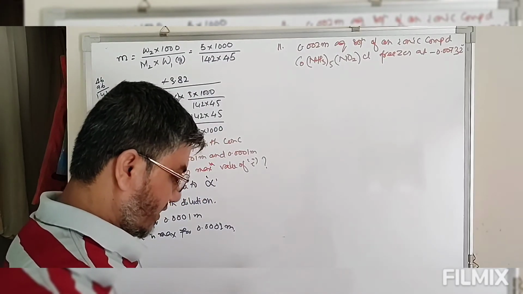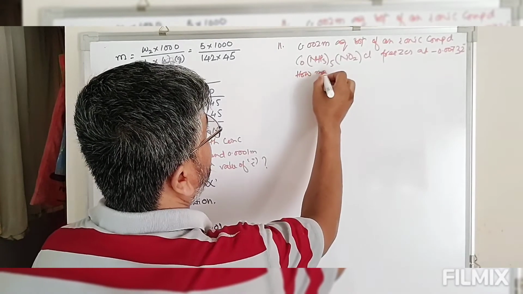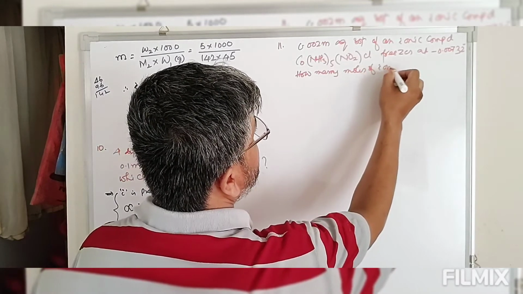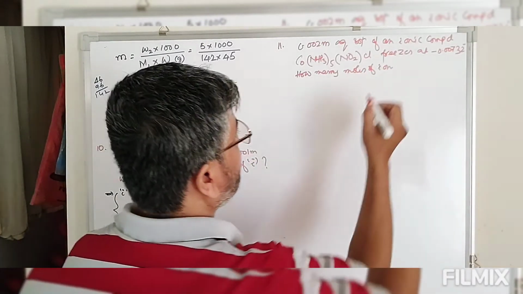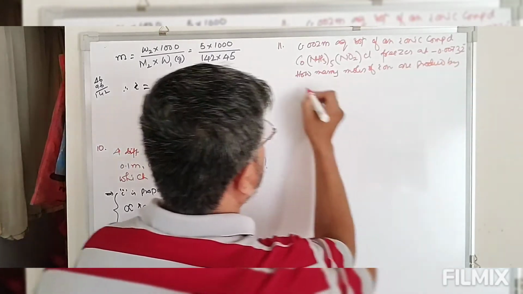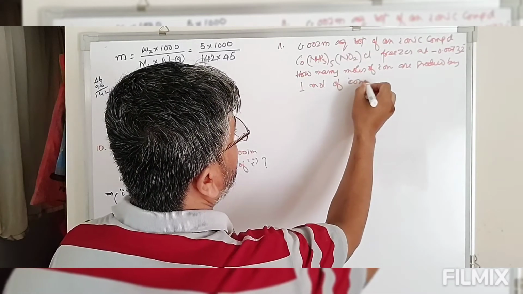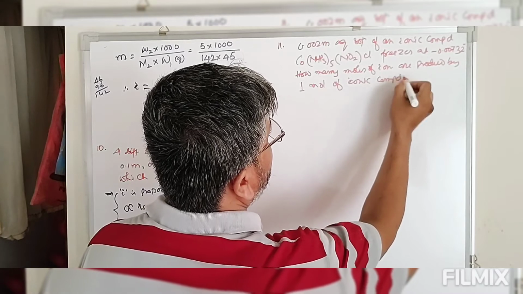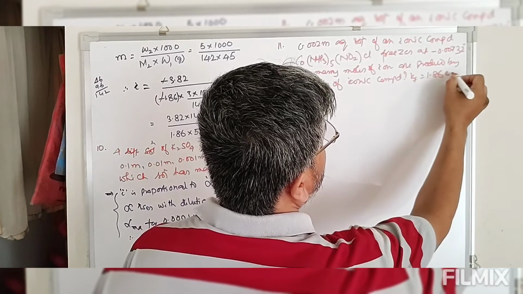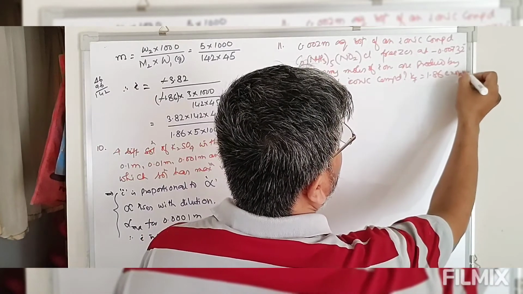The number of moles of ions, how many moles of ions are produced by 1 mole of ionic compound? Kf of water is given as 1.86 degree centigrade per mole.